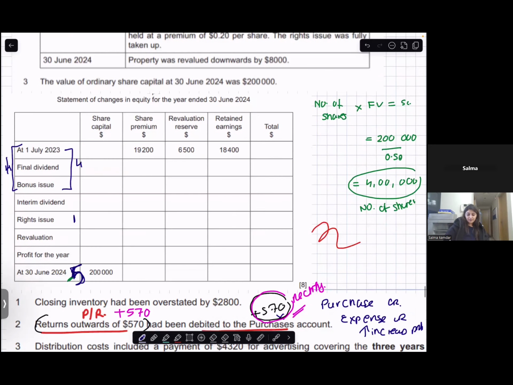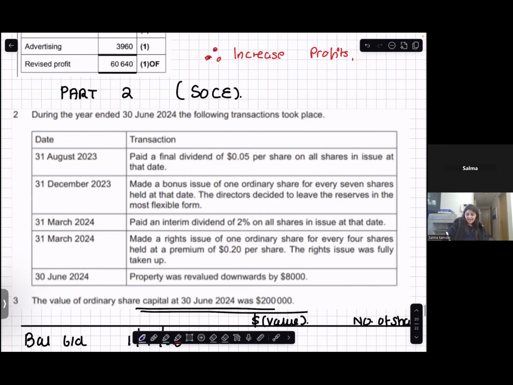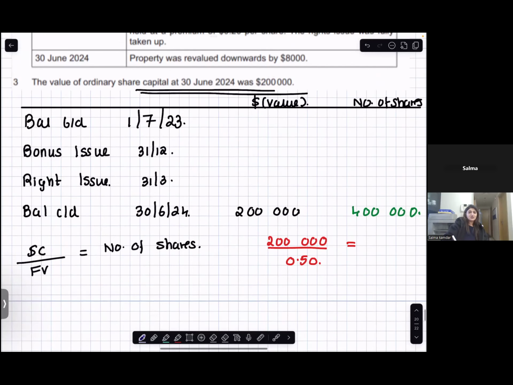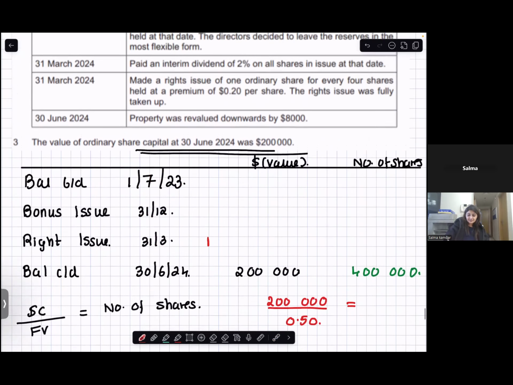Look at this thing over here. I have an opening balance which I do not know. After that, I made a bonus issue which I still do not know. After that, I made a right issue, but now I have my closing balance and I know that the right issue is going to be one ordinary share for every, how much held?